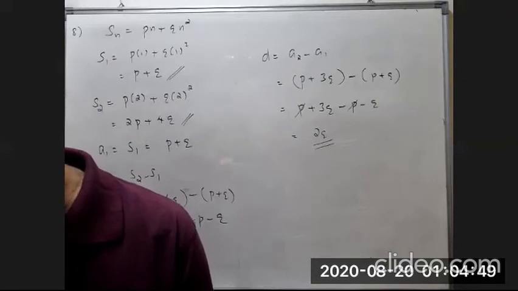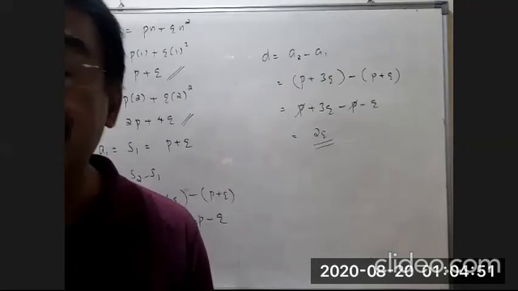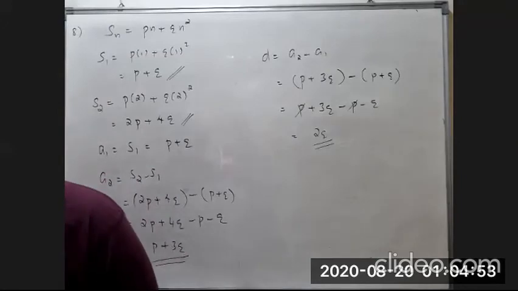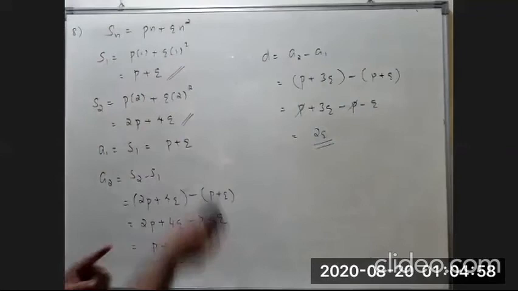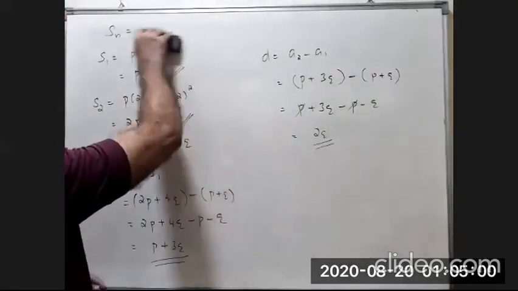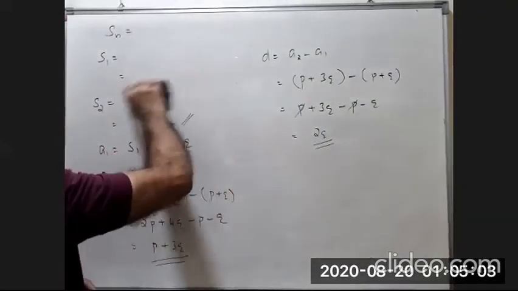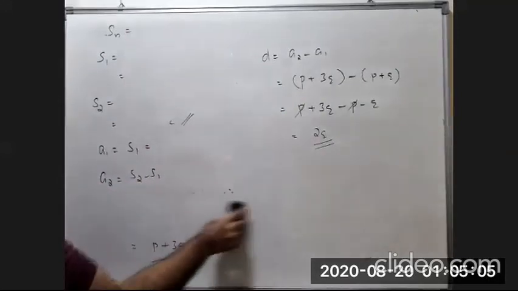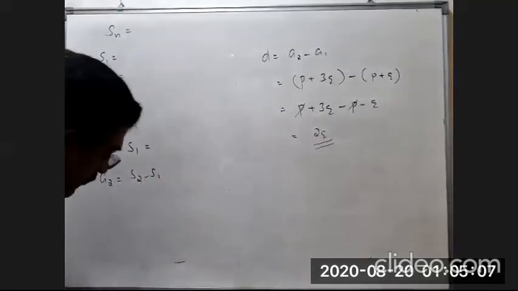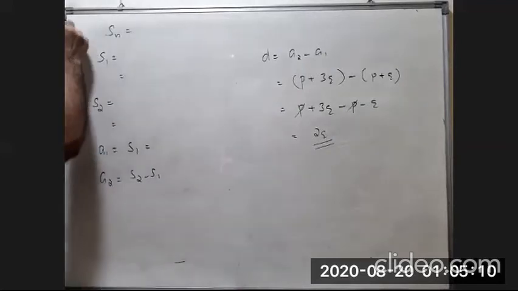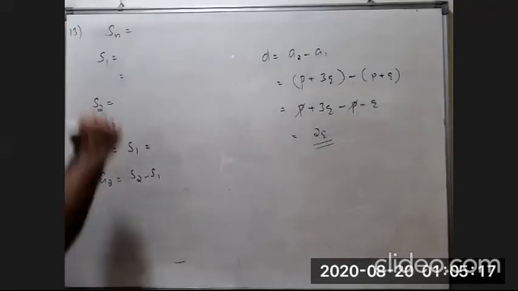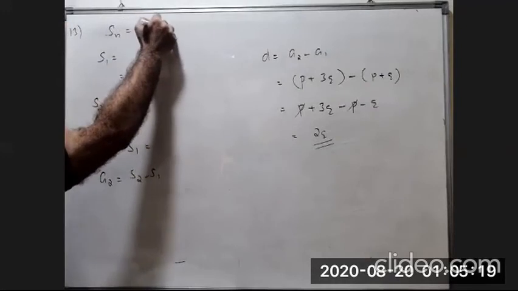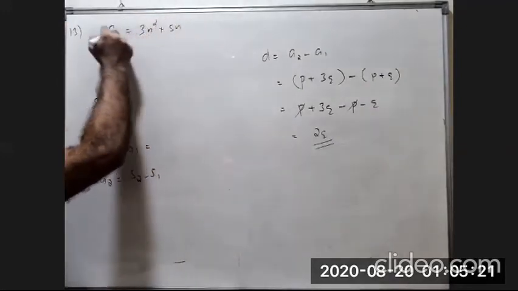Question number 13, you will do it now. Sum of n terms of an AP is 3n squared plus 5n.